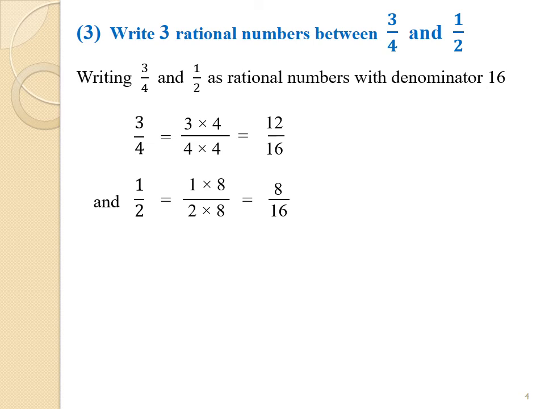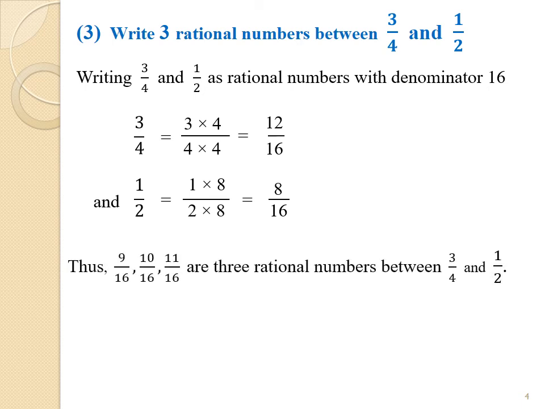They are 9 upon 16, 10 upon 16 and 11 upon 16. Thus, 9 upon 16, 10 upon 16 and 11 upon 16 are three rational numbers between 3 upon 4 and 1 upon 2.